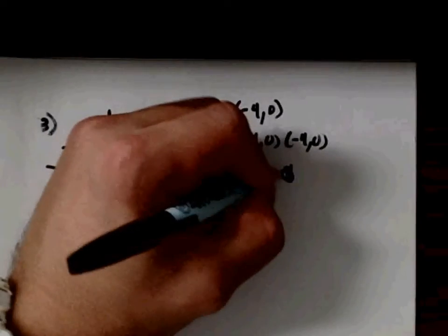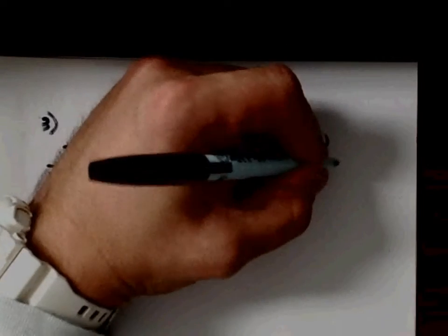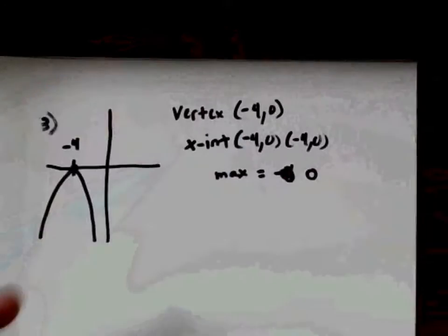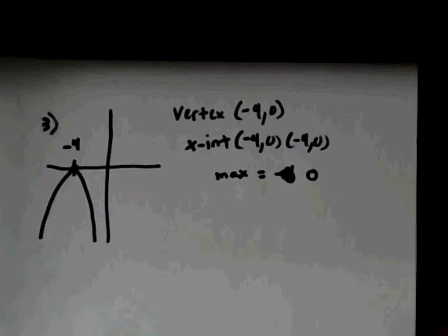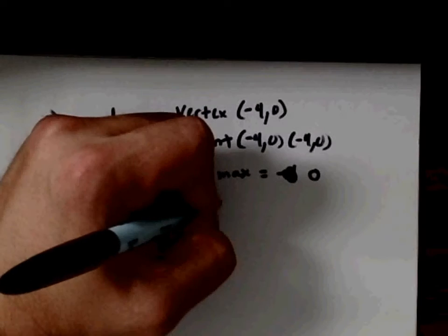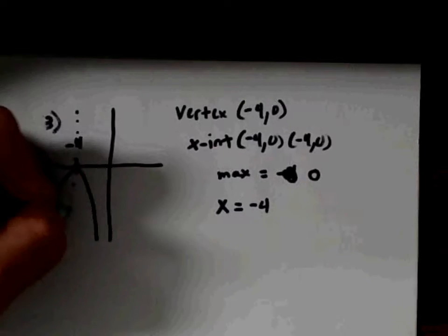Our x-axis is at -4, and so you were correct in the fact that it's going to go up to 0 because it's not going to exceed the 0 on the y-axis, correct? Yeah. And so what is our axis of symmetry? X is going to equal -4 because it's going to be that dotted line that can pass through there, right?